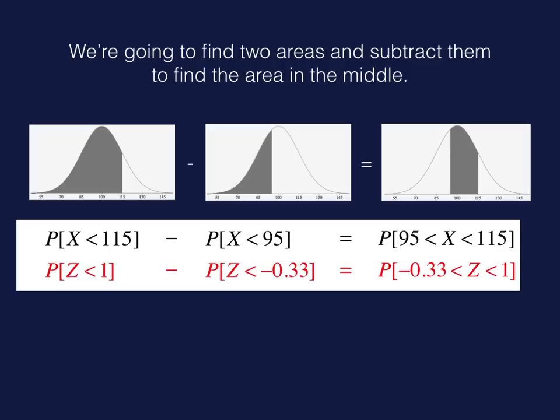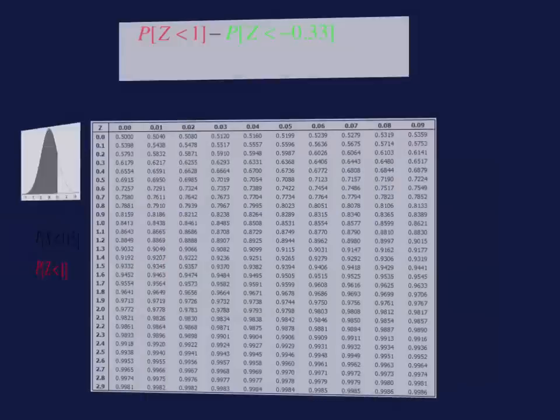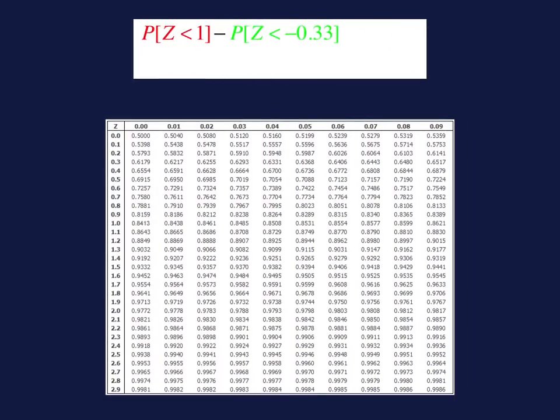Okay, so to the Z table. The area to the left of 1, so 1.00, is 0.8413. And the area to the left of negative 0.33, from the same trick as the example before, I'm going to look up 0.33 and do 1 minus that area.